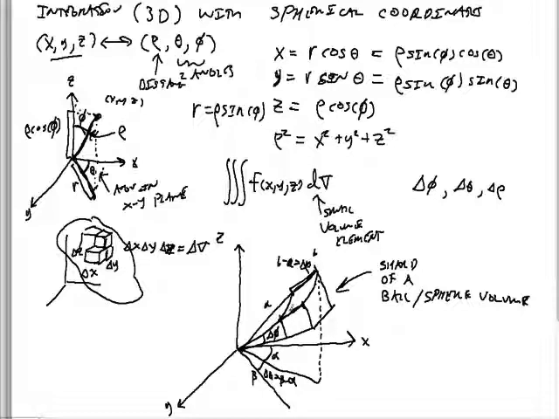Okay, so how do we express what these are? So we want to find out a little delta volume. We want to know how to express that in terms of rho, theta, and phi, right? In terms of delta rho, delta theta, and delta phi, actually, right? So we need to find out what that is. So it's pretty straightforward to do. First of all, let's find out what. So we found out what delta rho is.